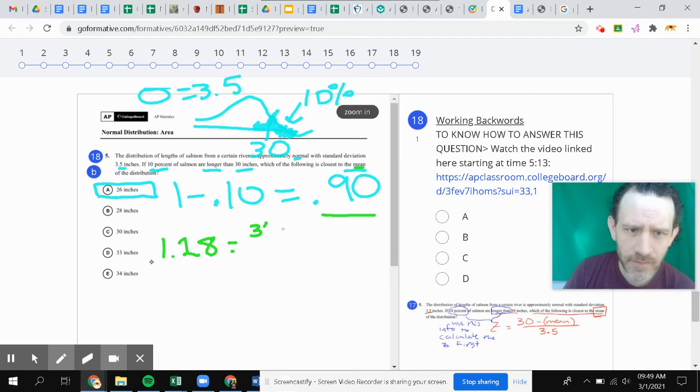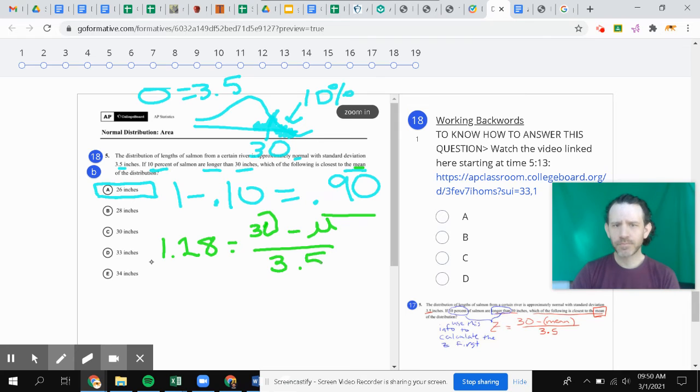So it's 30 minus the mean, I use the symbol mu, all over the standard deviation, which we said was 3.5. And then from there I can do my calculations.